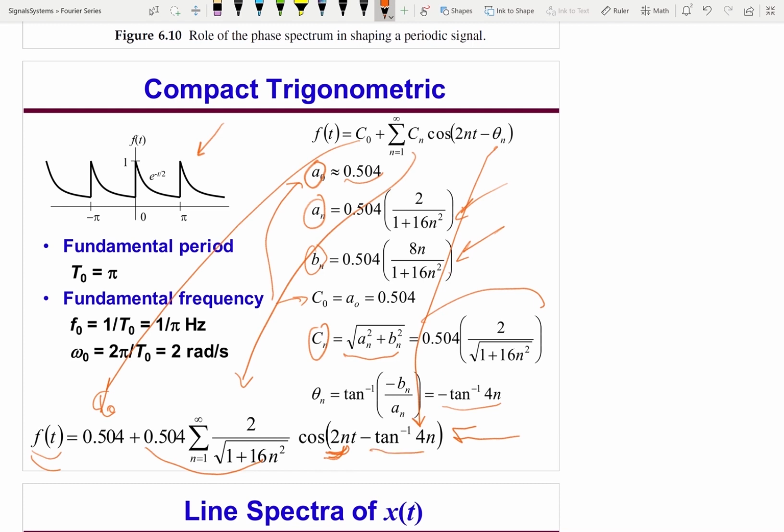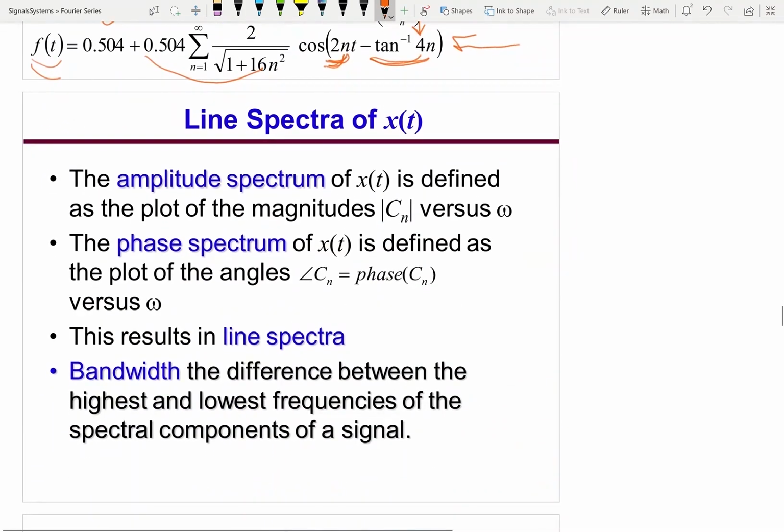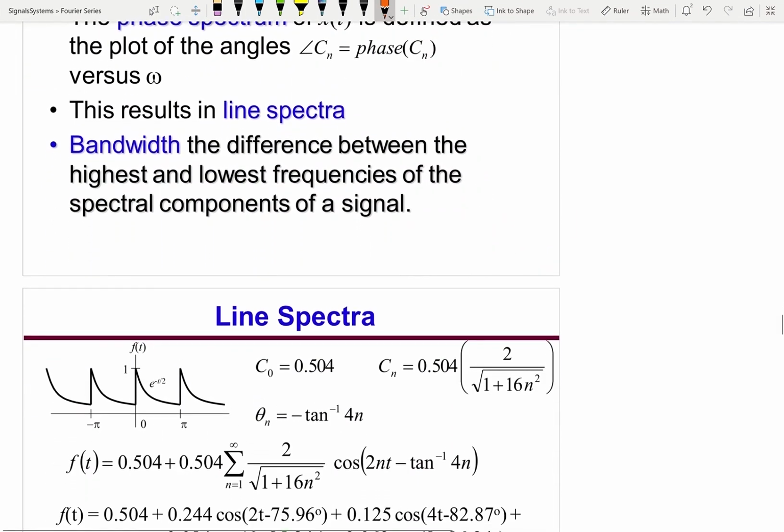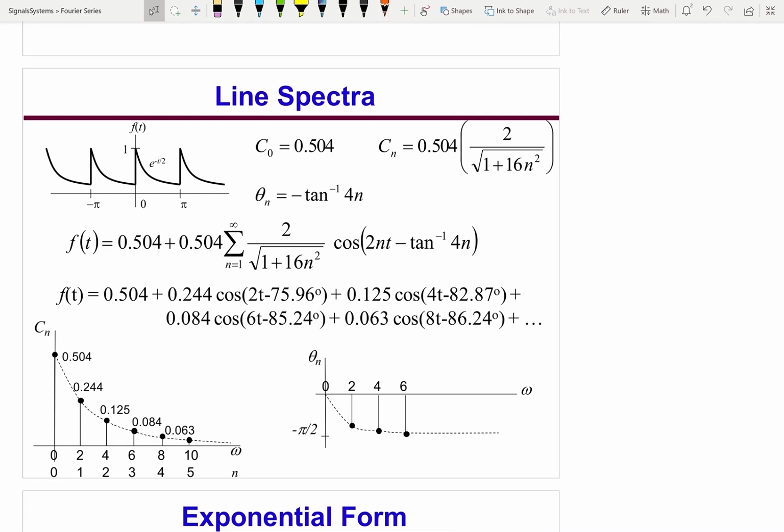Also, you plot the phase, theta n versus n, or versus omega. And this we call the line spectra. If I plot C0, that will be here. If I plot the first harmonic when n is 1, so I plug in n equals 1 here, I should get this value. In the x-axis, you can plot omega, or you can label it as n, the harmonic.